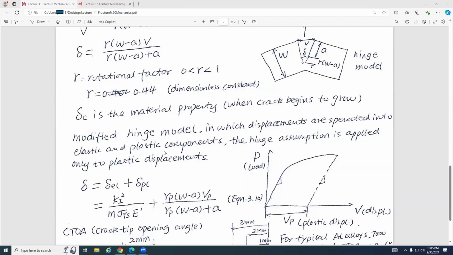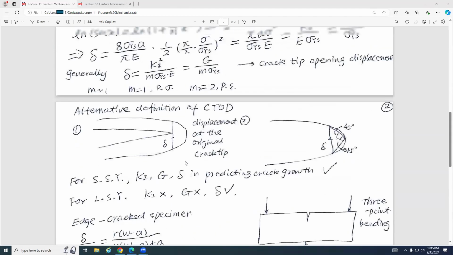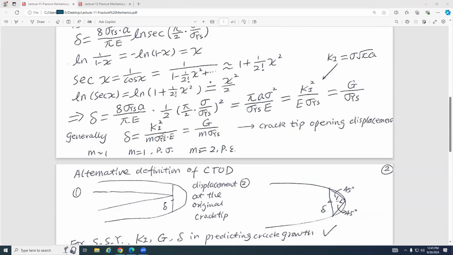The mouse is a mouse because of the plastic deformation. However, for the elastic deformation, we do not use the hinge model, and we just use delta EL. And so this one is what we just got on the previous page here. You understand that?